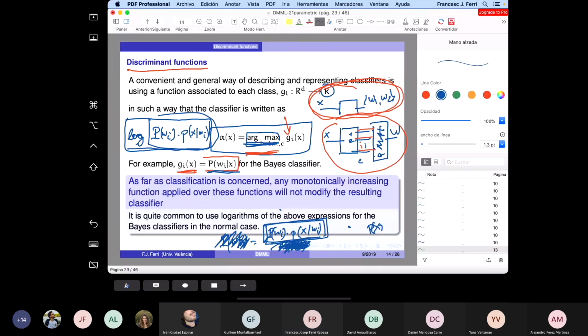I can modify this discriminant function as long as the maximum doesn't change. So I can divide by a value, or apply a monotonic function such as the logarithm, etc.